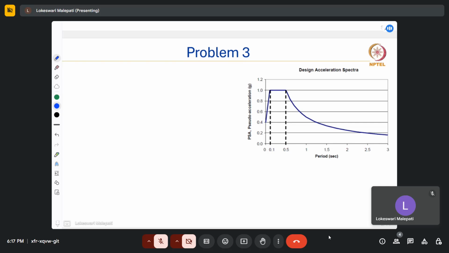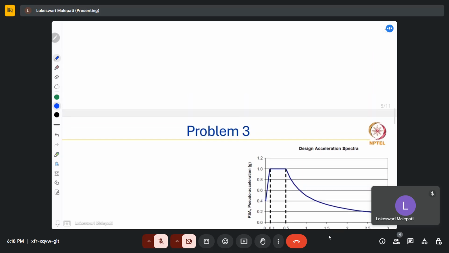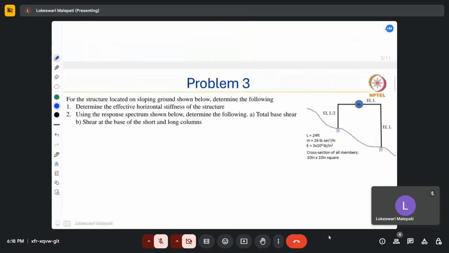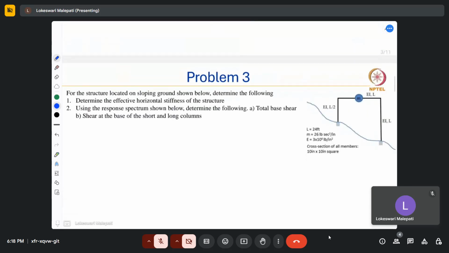When it is applied to single degree of freedom systems of various time periods, we get certain response. So we plot that response, that is called the acceleration spectrum. So here they have given the acceleration spectrum. So they're asking us to use this to find the following quantities.